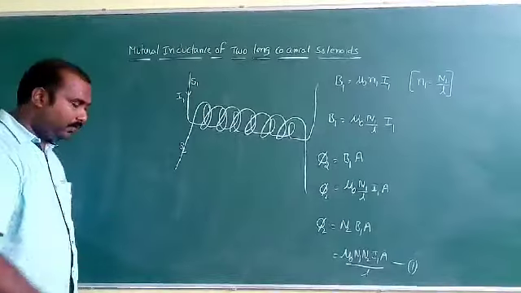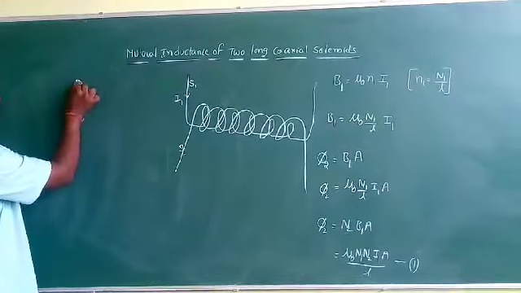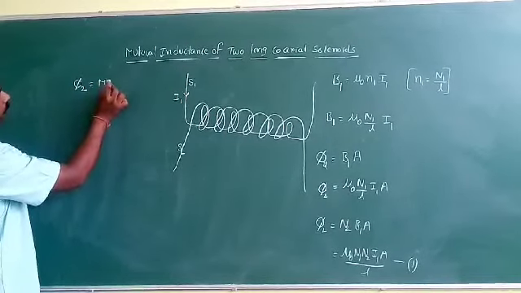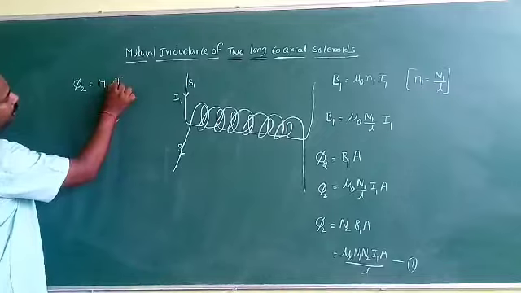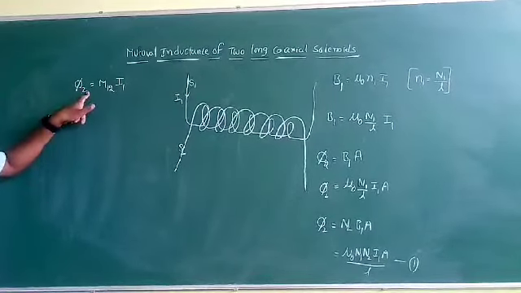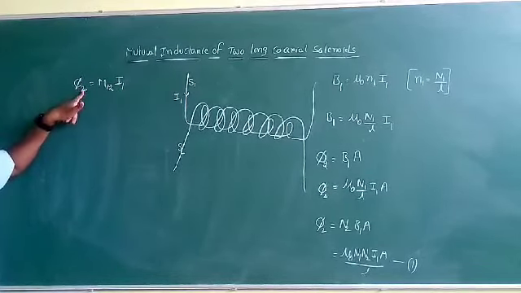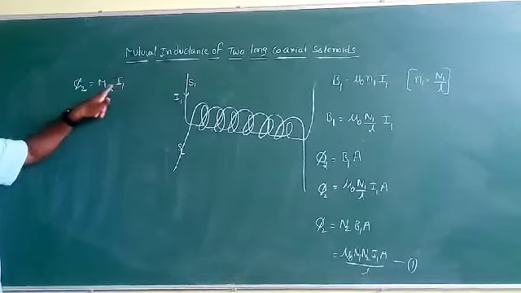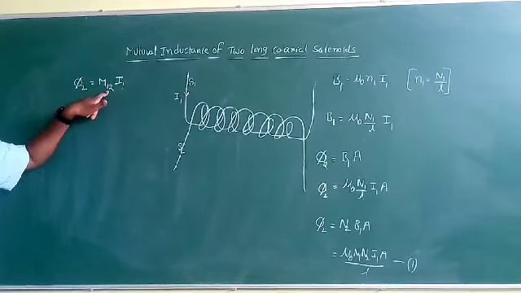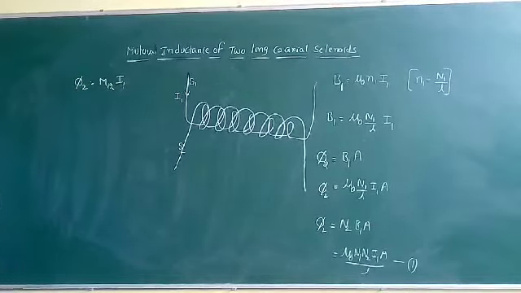Now, we already know from the definition of mutual induction that phi 2 is equal to M12 into I1. From the definition, the flux linked in the secondary coil is due to the current change in the primary coil. Here M12 stands for the mutual inductance of the secondary coil due to the first coil.